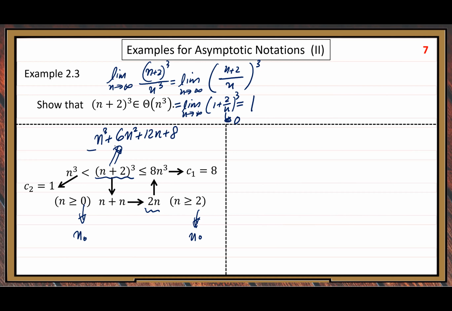After they get this expansion, they try to find some constant multiple c, and they try very hard to find that c. So many students use this expansion way.